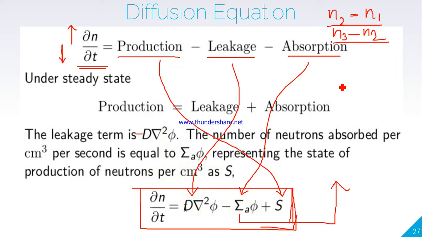There is a sustainable chain reaction, not an exponential chain reaction, because we need a controlled chain reaction. In such a case, if del n is constant, then the differentiation part will be 0.